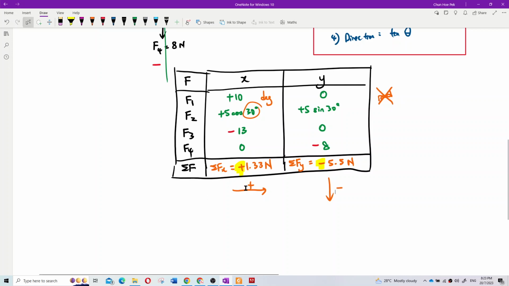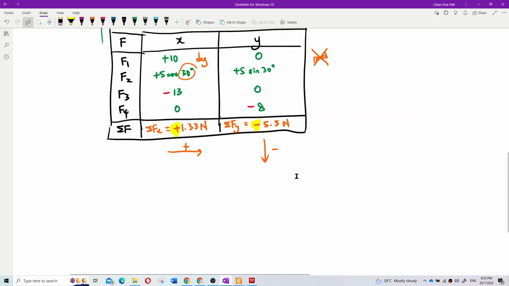So if we combine these two, what do we get? The total Fx is going to the right, but the total Fy is going downward. Understand?